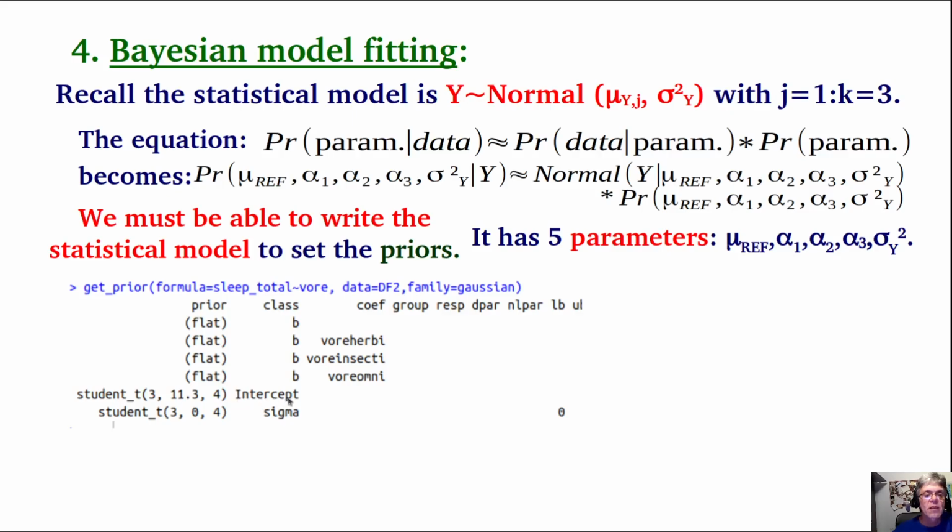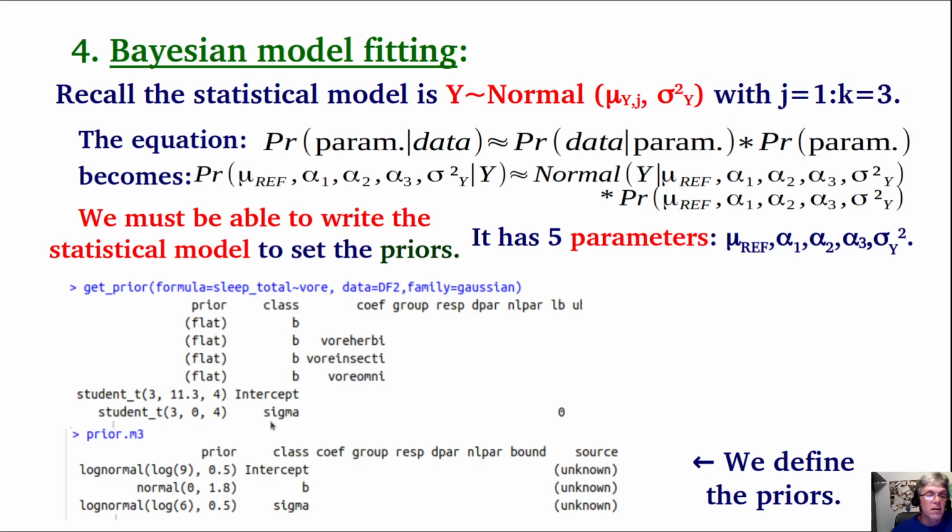This is for the intercept, meaning the mean of the reference group, and these are the differentials of the herbivores with respect to the reference group, insectivores with respect to the reference group, and omnivores with respect to the reference group, and this corresponds to the default prior for the sigma, not the variance, the sigma of the response variable.